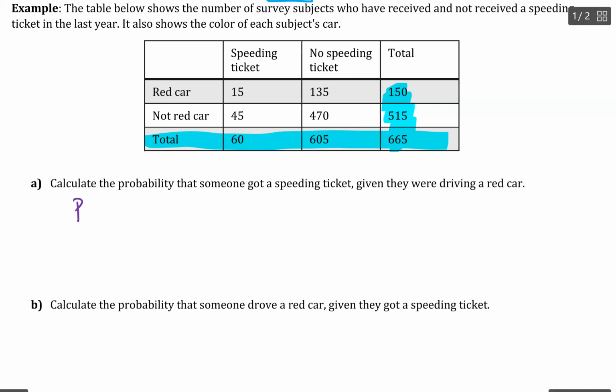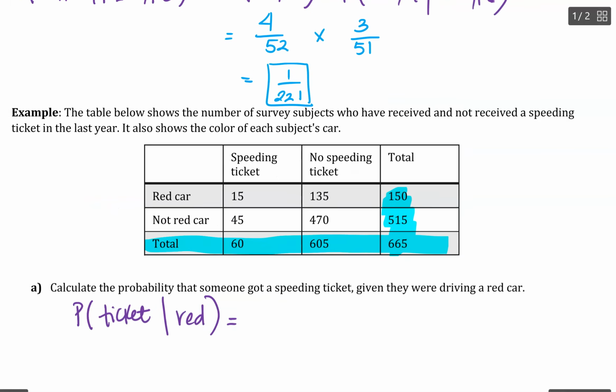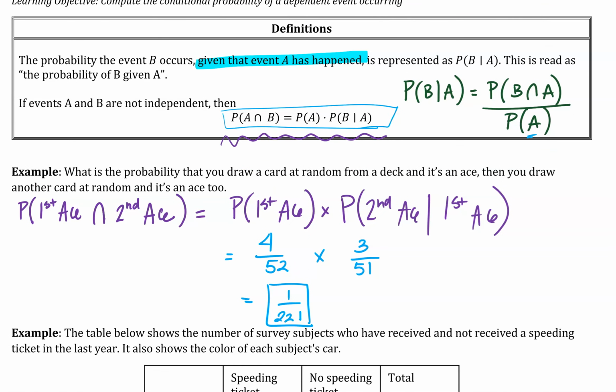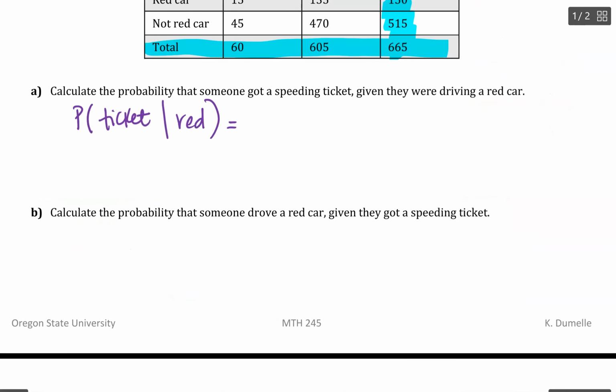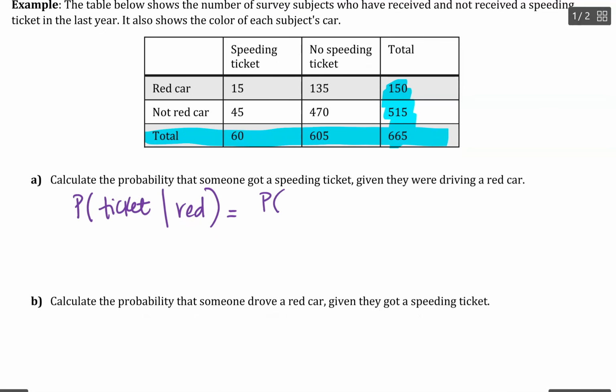So the probability of a speeding ticket, just writing it in notation, given a red car. Using our probability formula, just so that we don't get confused by the table, that means we want the probability that someone gets a ticket and drives a red car over the probability of someone having a red car.